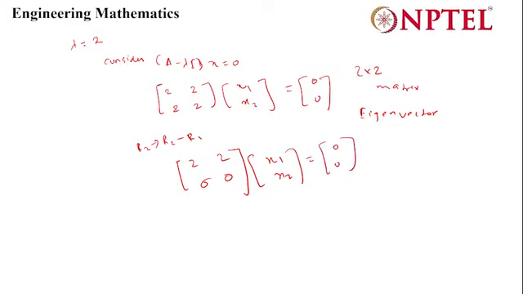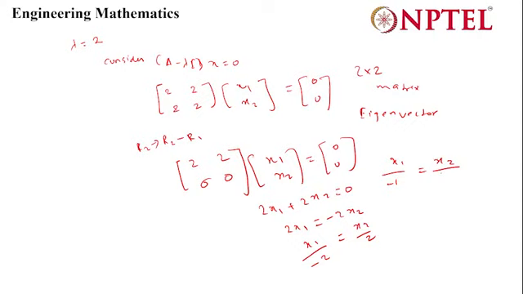Now write the equation: 2x1 + 2x2 = 0, so 2x1 = -2x2. Cross multiply: x1 divided by -2 equals x2 divided by 2. So x1 by -1 equals x2 by 1.